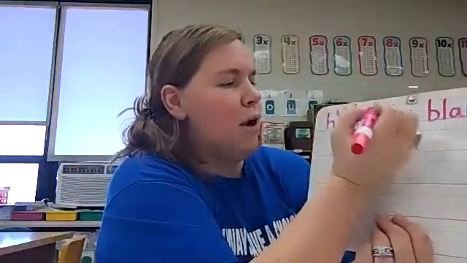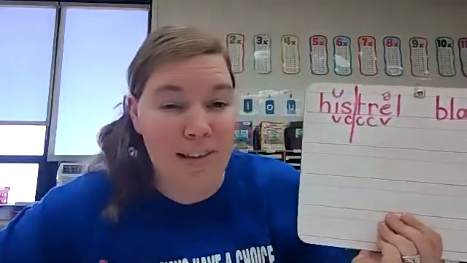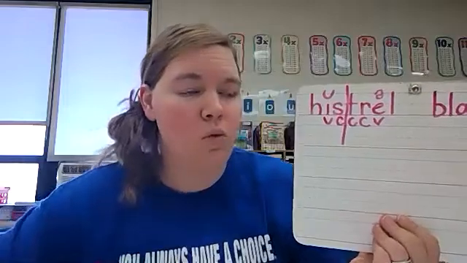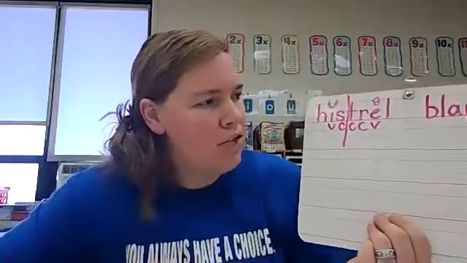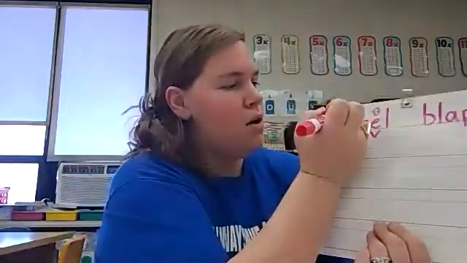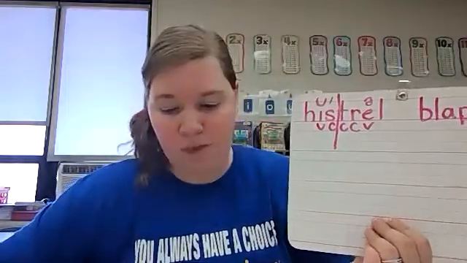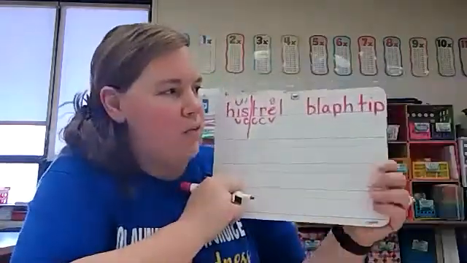The I will get a breve. This E is actually getting the schwa sound because it's followed by an L. So it will say Histrol. Histrol is this word. We are going to accent that first syllable. Histrol.